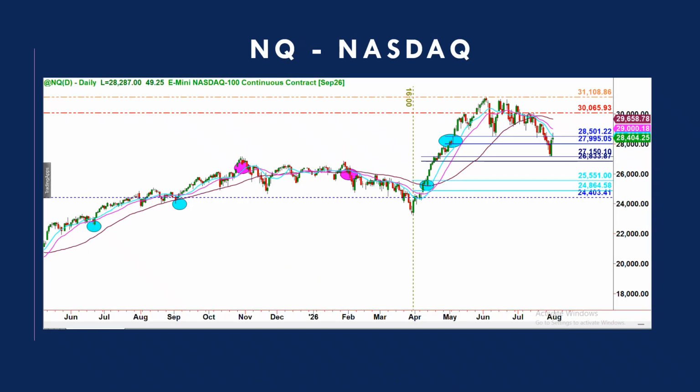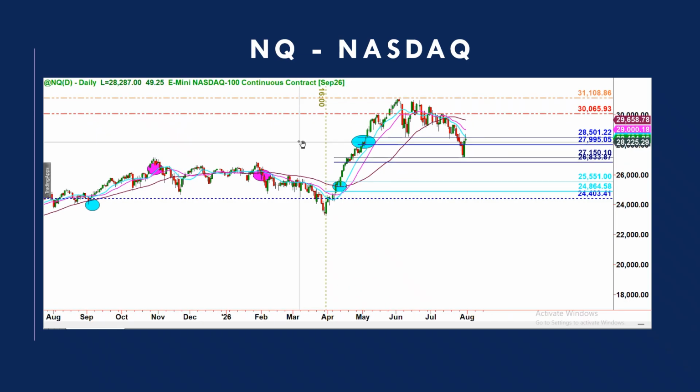The chart on our screen is that of NQ, the Nasdaq based ETF, and we're looking at the daily chart. Unlike the S&P 500, NQ has been weaker and has already established a downtrend by breaking out of the demand zone between 27995 and 28501, and finally closing right at the top of the demand zone between 26833 and 27150.